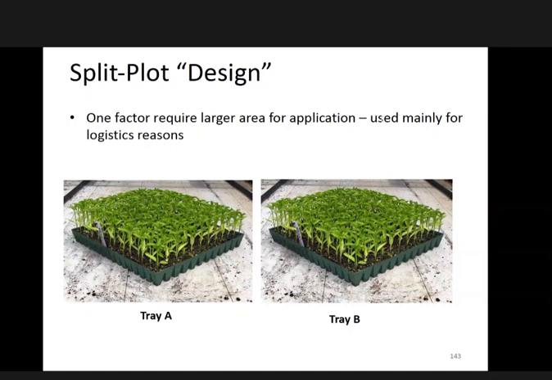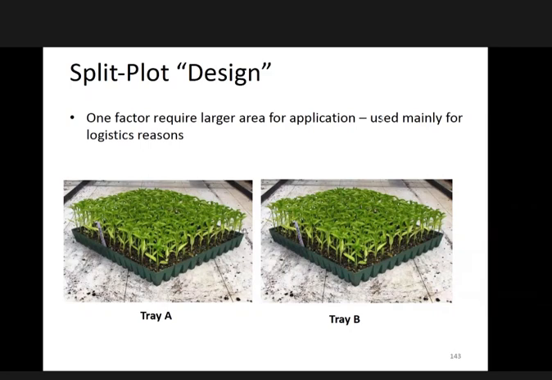It would be easier to apply fertilizer over the larger area, and then in the lines use different varieties, because I can easily plant these without contaminating the next one. So this is where split plot becomes important: when you have challenges on how to apply your treatment. Here we can apply a treatment that requires a larger area to the tray as an experimental unit, and then a line here as a subset of this.